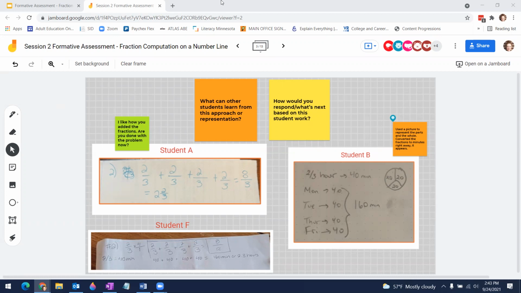Now, it seems like this is a new thing that student B brought in, dividing up the clock that way. Would it be helpful to show a number line way to solve the problem, and then show maybe student B's representation where you take 20-minute increments like that and draw those pictures, using that sort of graphic idea to answer the problem?